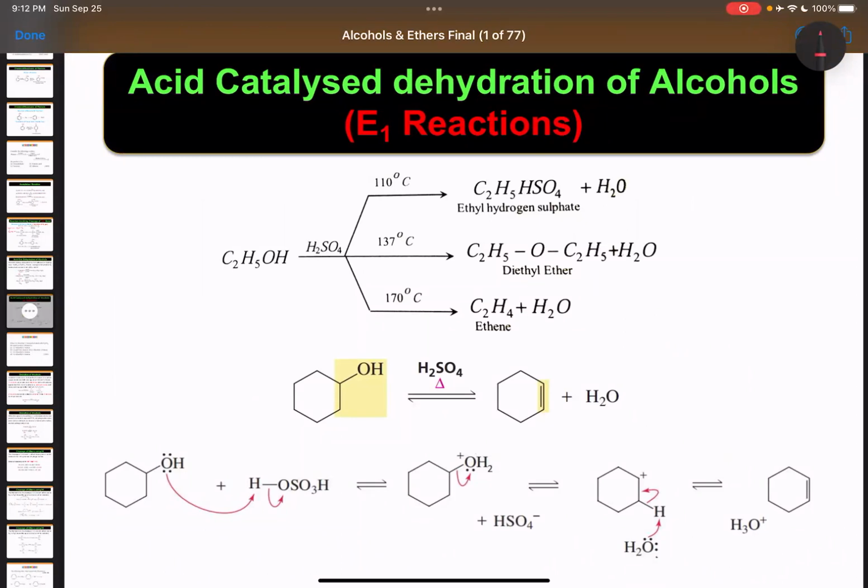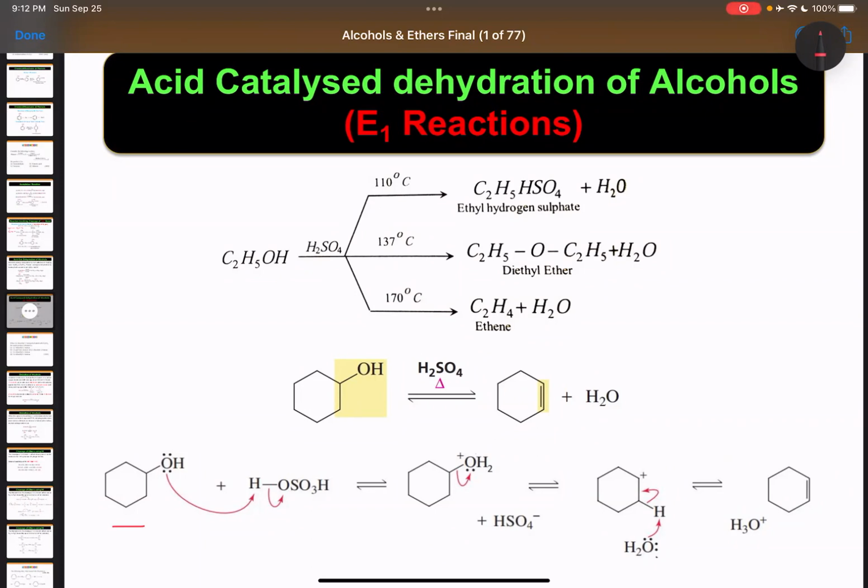Actually, it proceeds via carbocation mechanism, right? The OH gets protonated by H2SO4. You can look over here. I've taken this example, cyclohexanol. So the OH gets protonated, it becomes water, okay, and it comes out as water, leaving behind a carbocation.